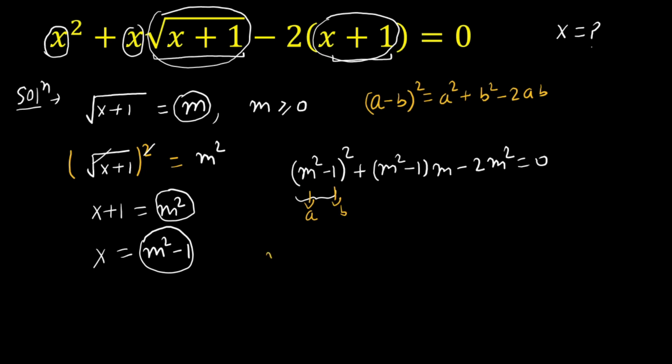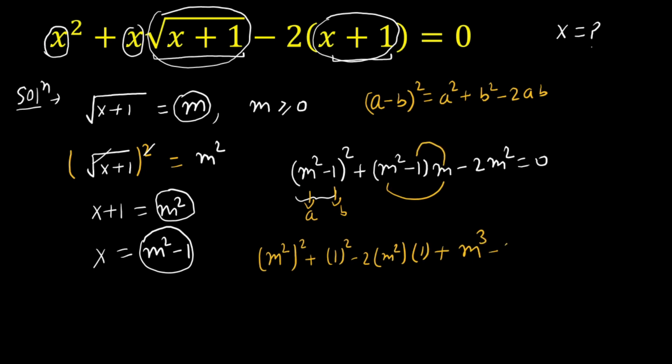Then a square means m square bracket power 2, plus b square means 1 square, and minus 2 times a, m square, and b, that is 1, plus m is multiplied by m square, then we get m power 3, m is multiplied by 1, then we get minus m, and minus 2 times m power 3. Here power is 2 and this is equals to 0.